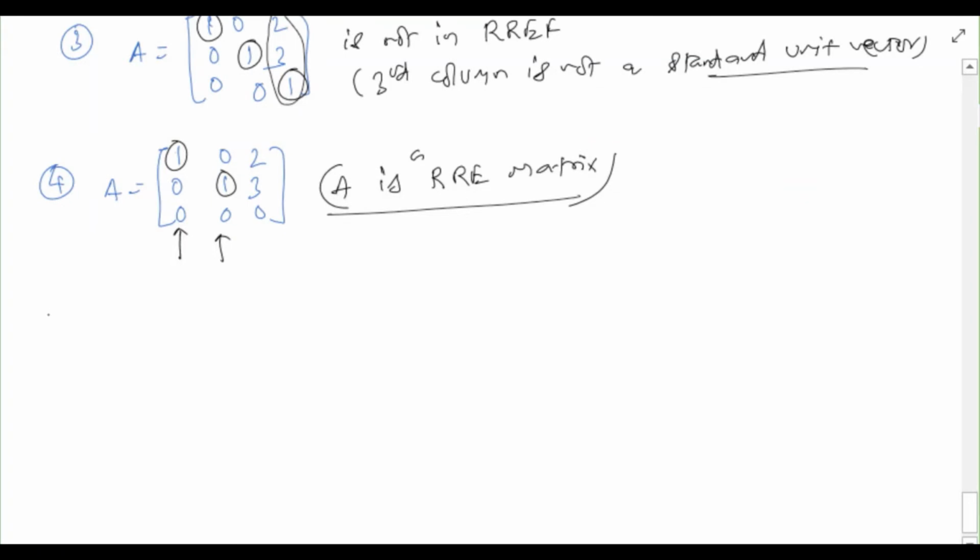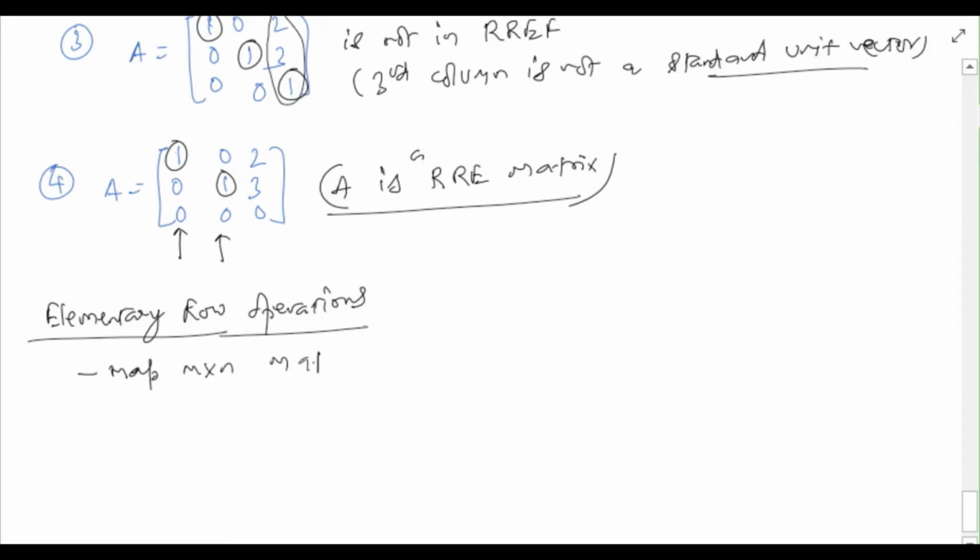Now we introduce elementary row operations. Elementary row operations are functions that map m cross n matrices to different m cross n matrices. There are three elementary row operations, which are as follows.